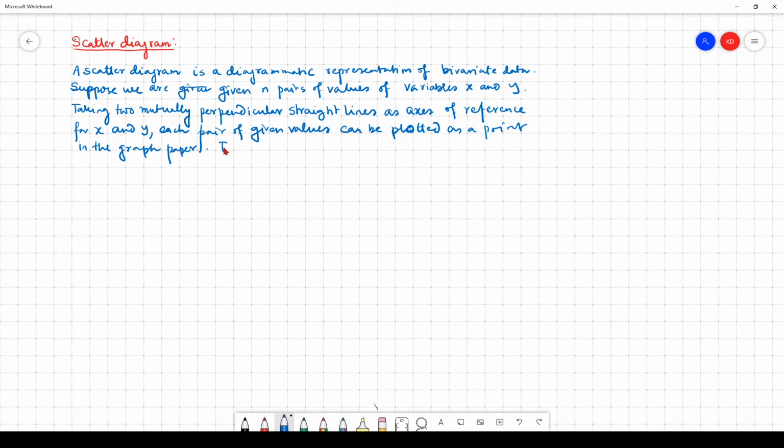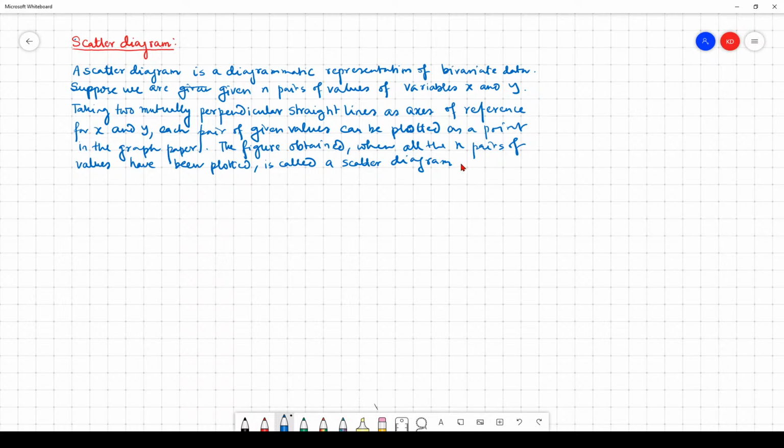The figure obtained when all the n pairs of values have been plotted is called a scatter diagram, or sometimes it's called a dot diagram.